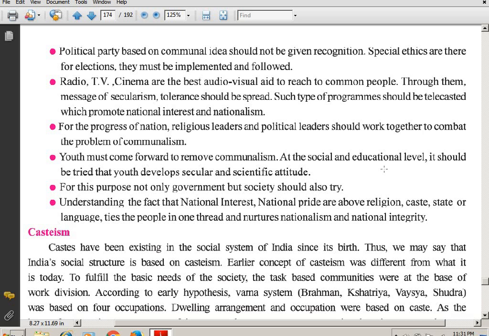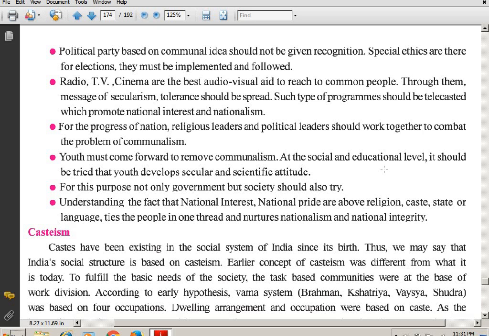We should not be saying my religion is best. We have studied in the preamble also that the word secularism was added. Communalism is not the same as secularism.